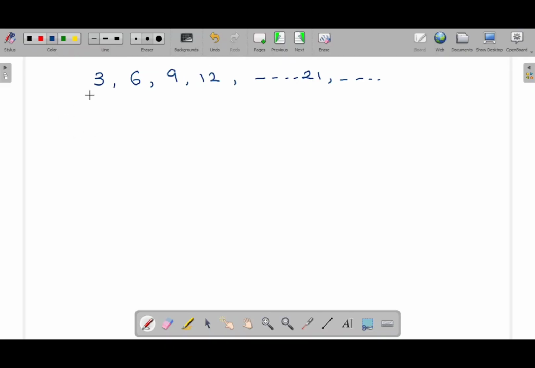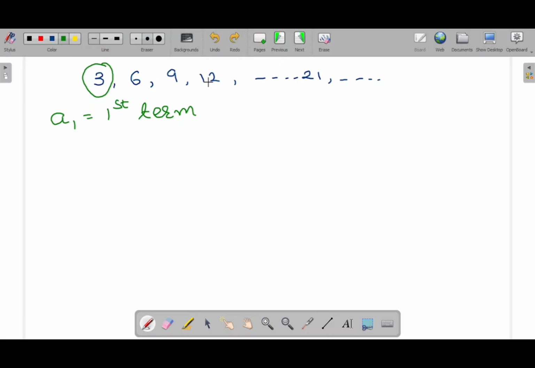So here the first term, the first number, is called A1, meaning the first term. In some textbooks, you will find it as T1, that means term 1. Sometimes you start with A0 and then A1, 2, 3, 4 and so on. But for simplicity, we will use A1.